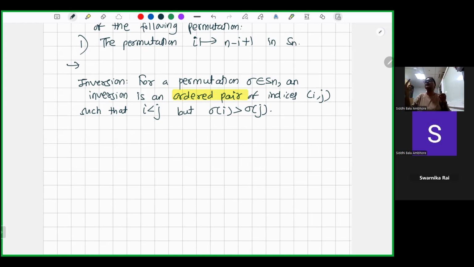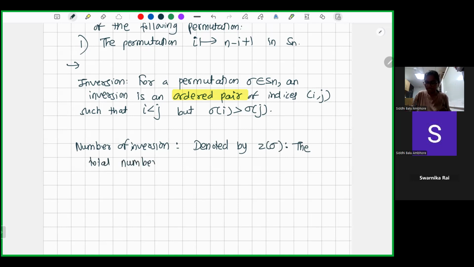It's like I'm inverting something for that pair. That's what an inversion is. And the number of inversions is denoted by z of sigma, the total number of inversions in sigma.